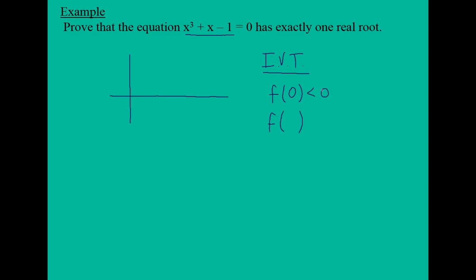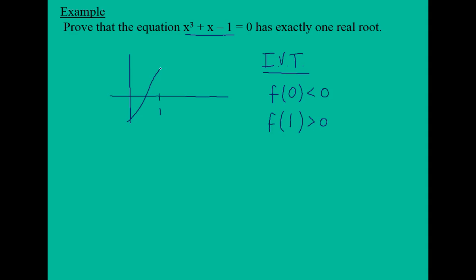And then if I plug in 1, I would get 1 plus 1 minus 1, which is positive 1. So it's above the x-axis. That means between 0 and 1, it does cross the x-axis. So there is one root. Now it could be going the other way. I'm not sure on this one, but it does cross the x-axis between 0 and 1 using the intermediate value theorem.